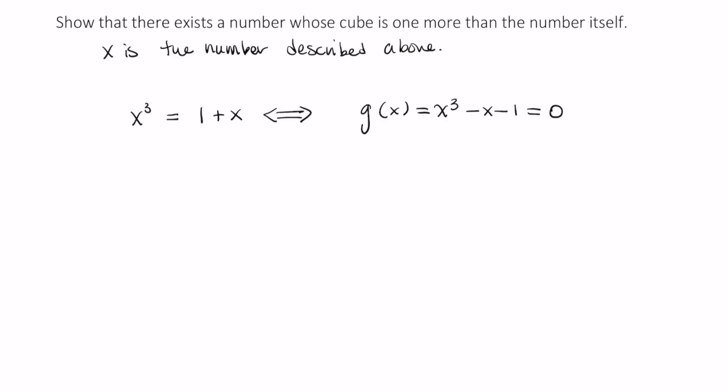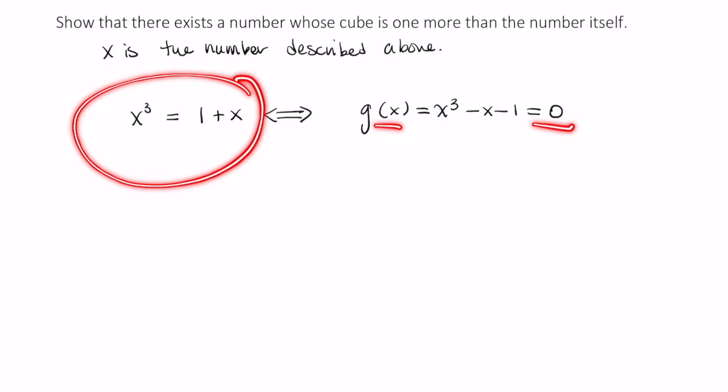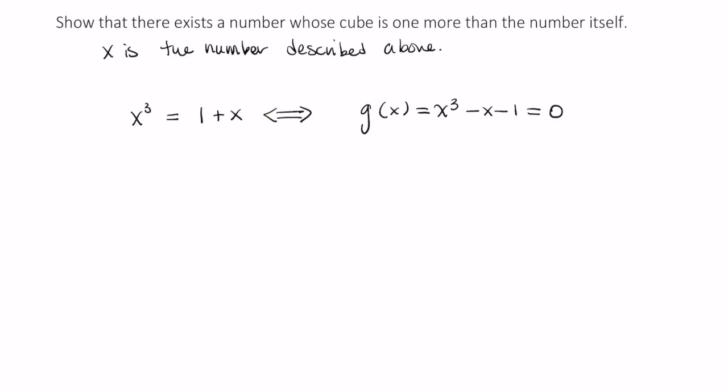Now, so long as I can show that g of x equals 0 somewhere, and that can be anywhere, then I have shown that there's a number that's 1 more than its cube. And now, in order to show this, after we verify certain conditions, which I will get to shortly, I just need to find two places, and actually I don't even need to draw the y-axis for this. This is the x-axis.